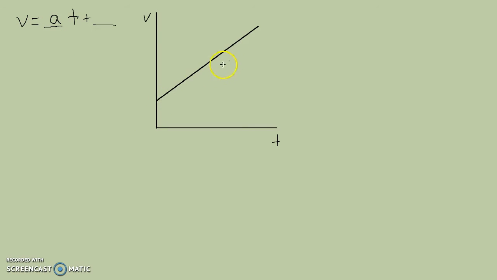For the starting point, we'll call this v naught, or v initial, the starting velocity. Now we have a linear equation for velocity. This equation is only true when acceleration is constant.